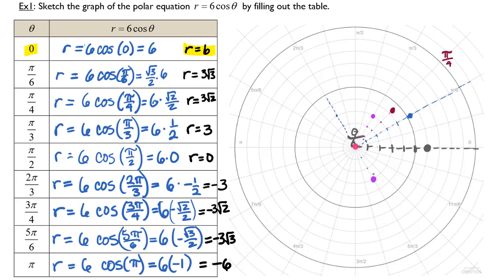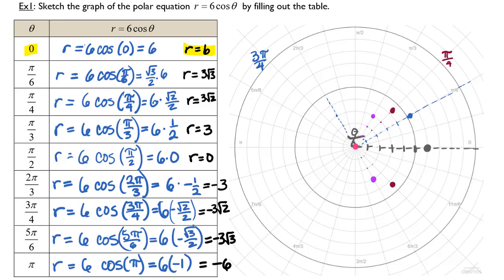And I hope you can see how this becomes a symmetric shape. The next value is 3 pi over 4 as the angle, and I'm going to back up 3 root 2.